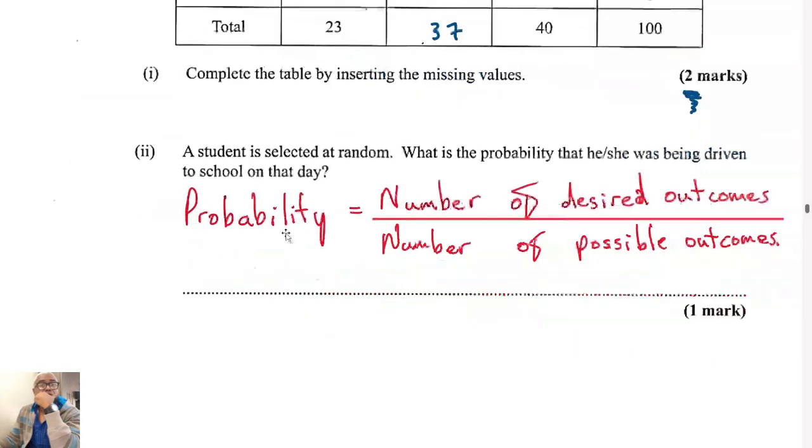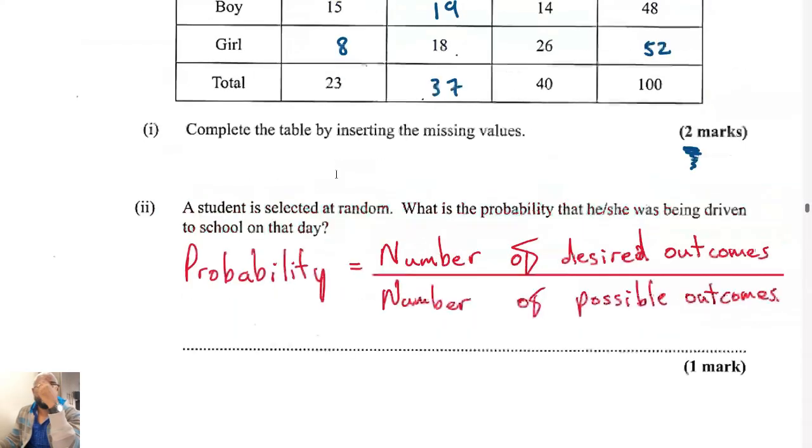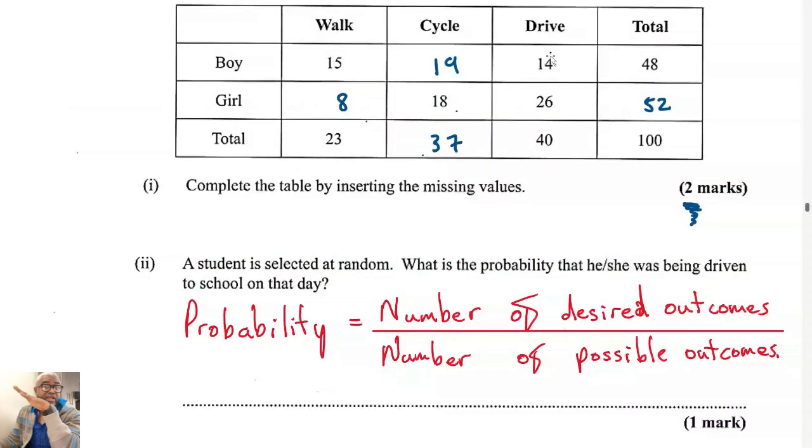So if we're talking about the probability that he or she was driven to school on that day, how many students were driven to school that day? Everybody able to read this table? See that 40 students were driven to school that day?